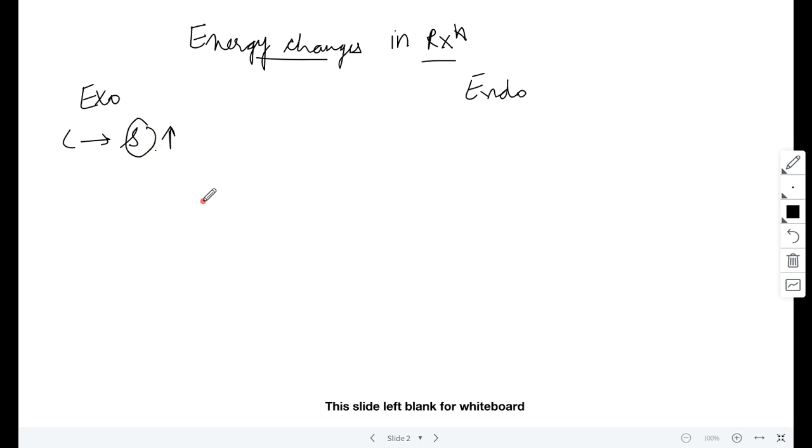Now let's talk about the exothermic reaction in terms of reactants and products. Product molecules have less energy than the reactants. You understood? Why? Because the reactants have more energy, so they react with each other to form the products.